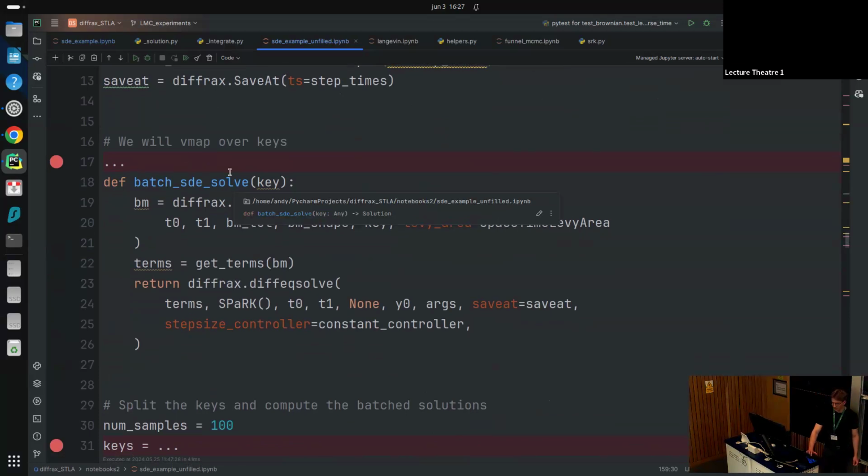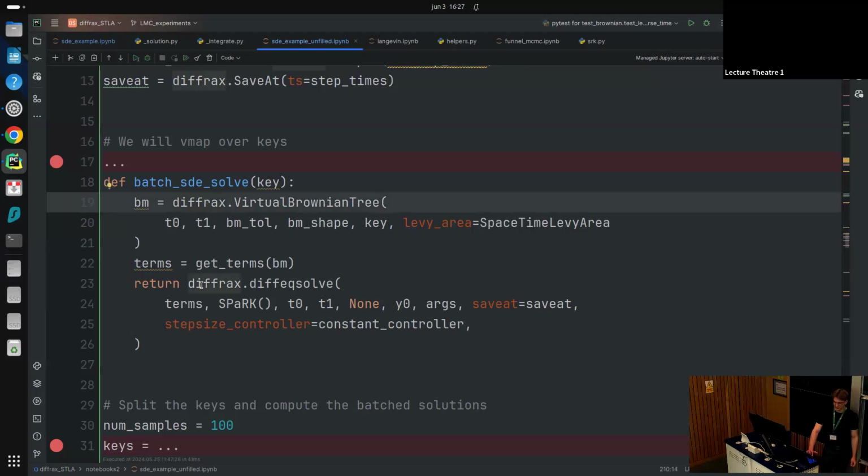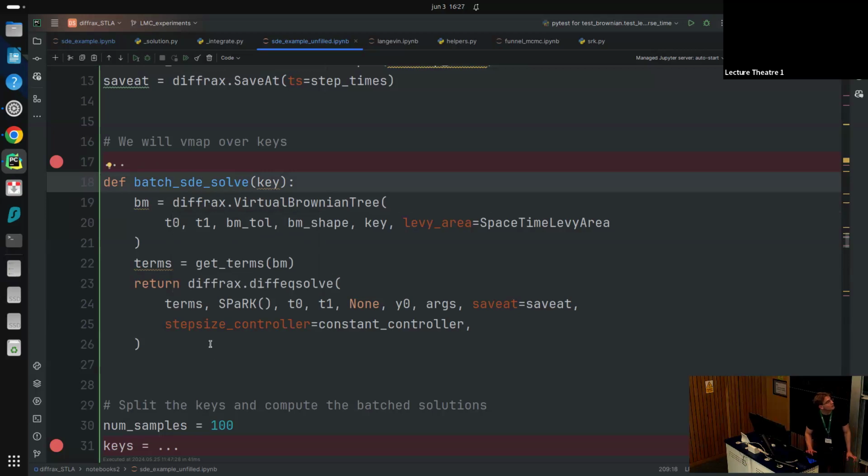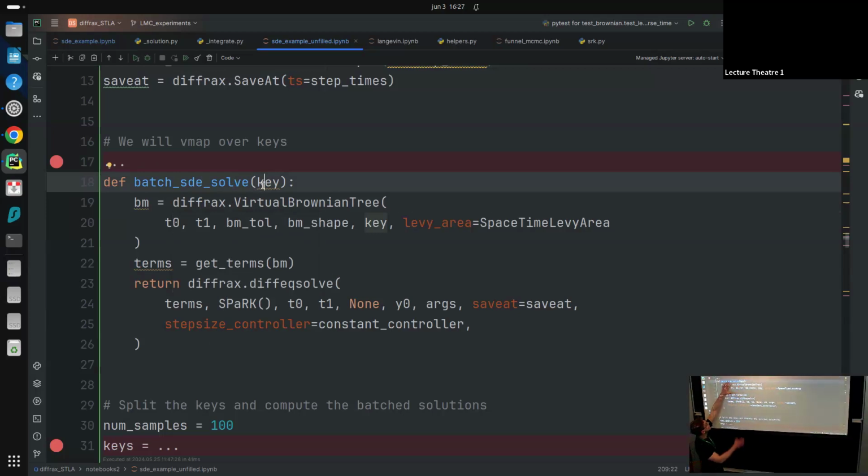So what we have here is the same thing as before, except that we have it all in a function and we'll vmap over the random keys. So these are the keys that are fed into the virtual Brownian tree here, right? And we will take this function and compute it for many randomly chosen keys, and then we'll take an expectation over those keys, right?